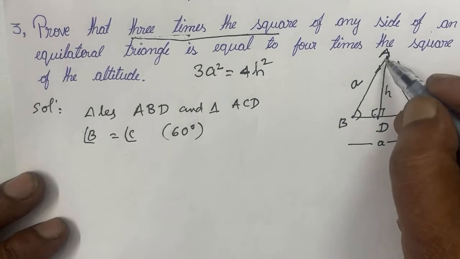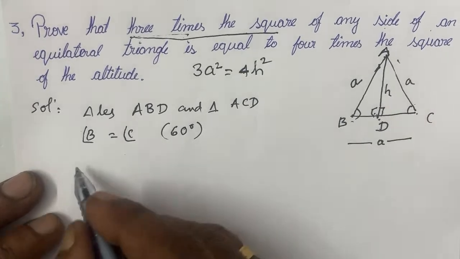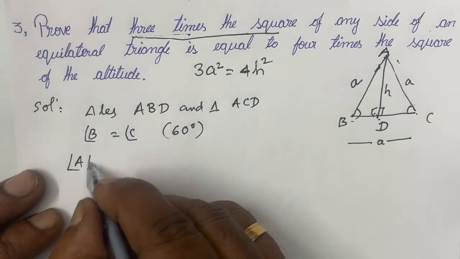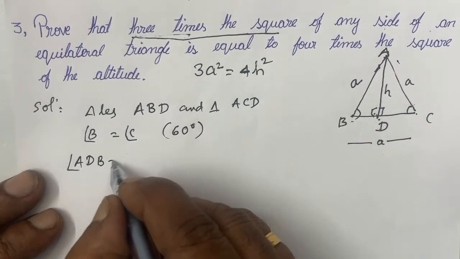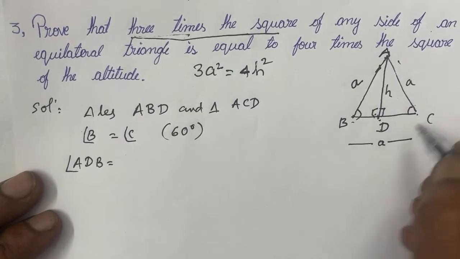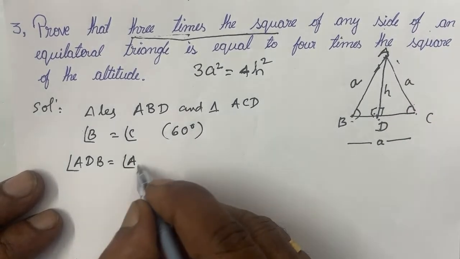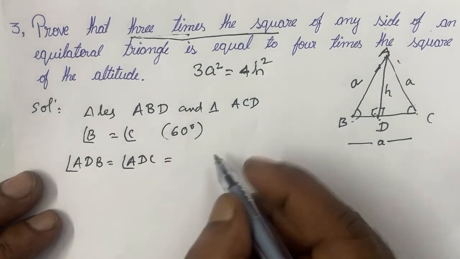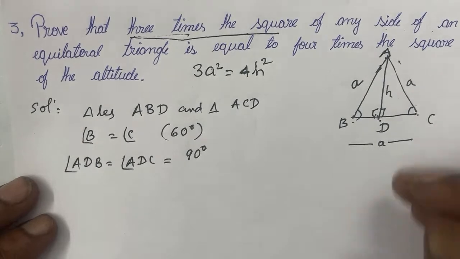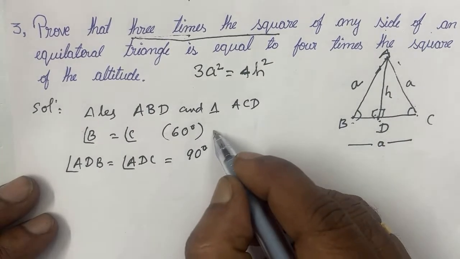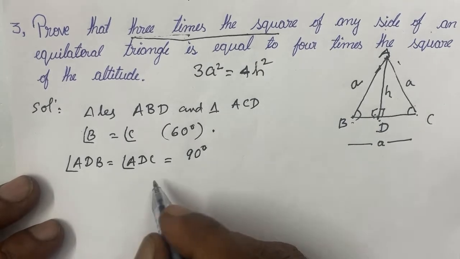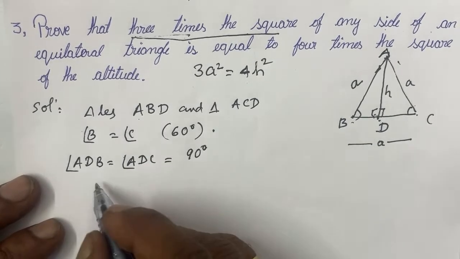Now, angle ADB is equal to angle ADC, both are 90 degree angles. Because one angle is equal in both triangles, these two triangles are similar, we can say.